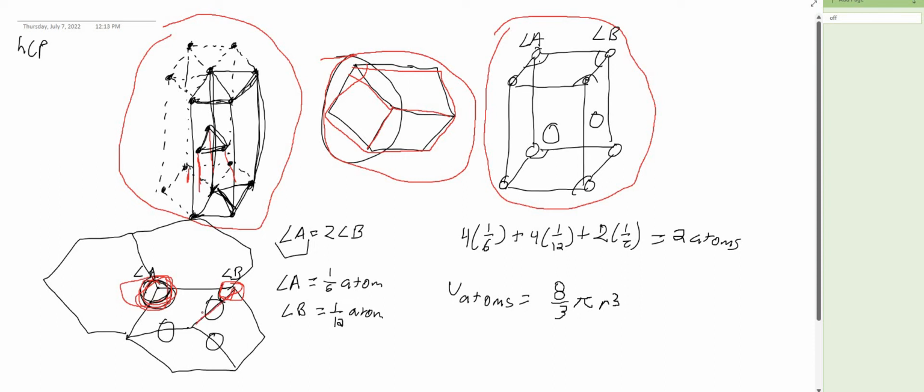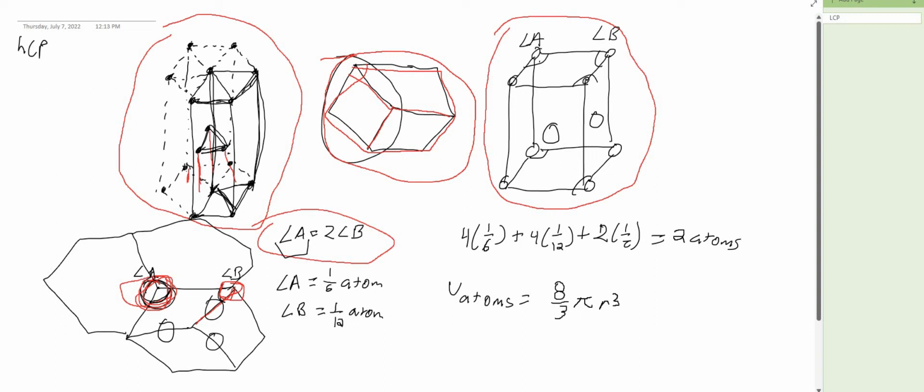So that means it's exactly 1/2 the full angle, which A is the full angle. So we know that angle A is twice as much as angle B, and so that means angle A is going to have exactly twice as many atoms as angle B is going to have.